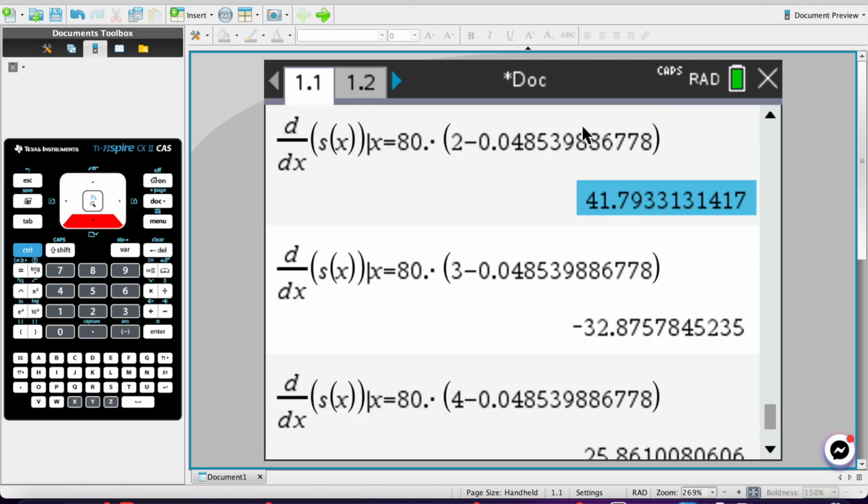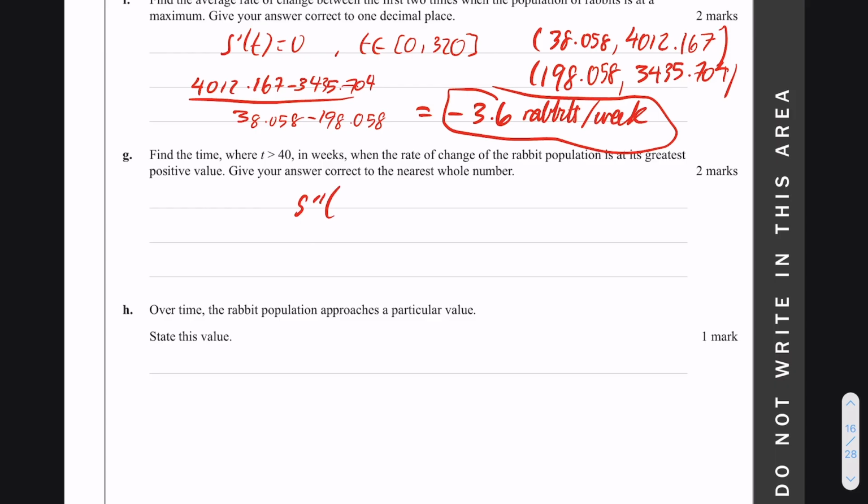So you could solve s on the CAS. s double dash of t equals 0, t equals, you could write that 80 minus 0.049, and n is an element of integers.